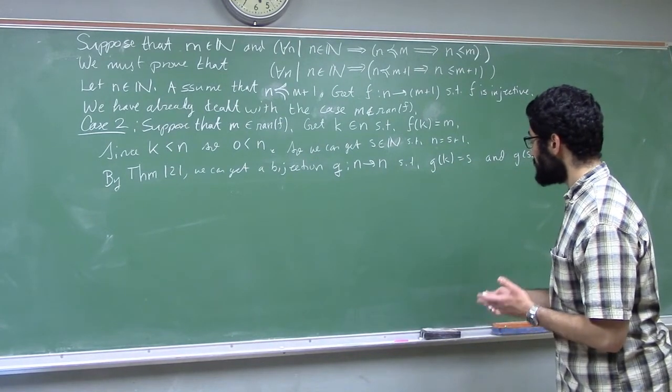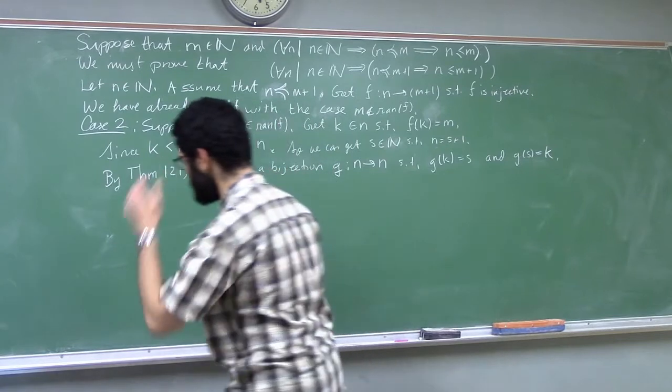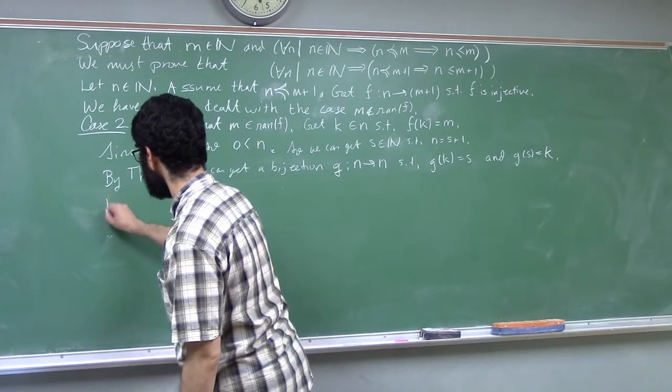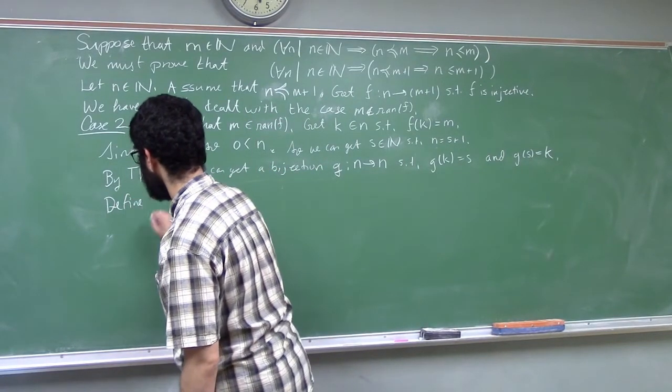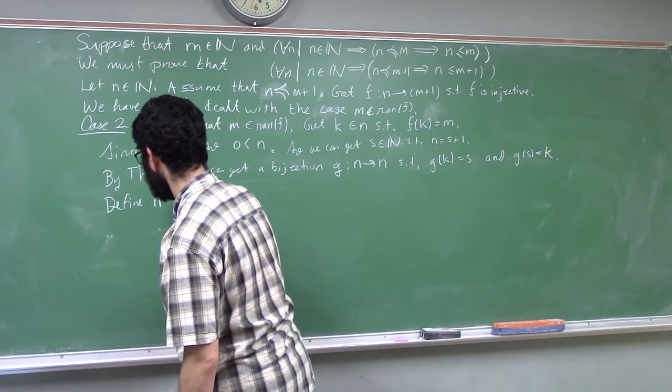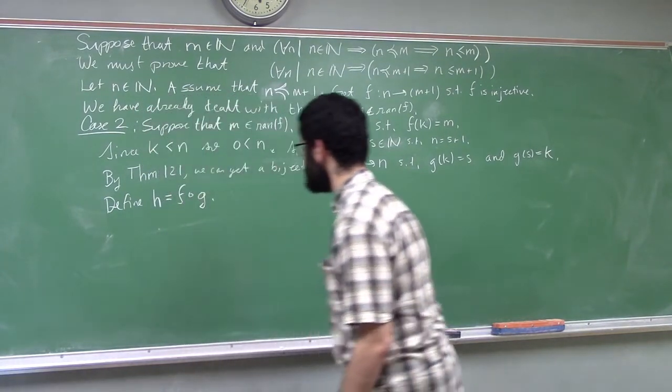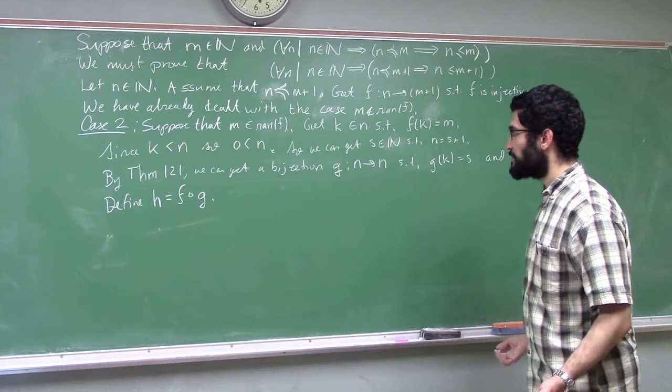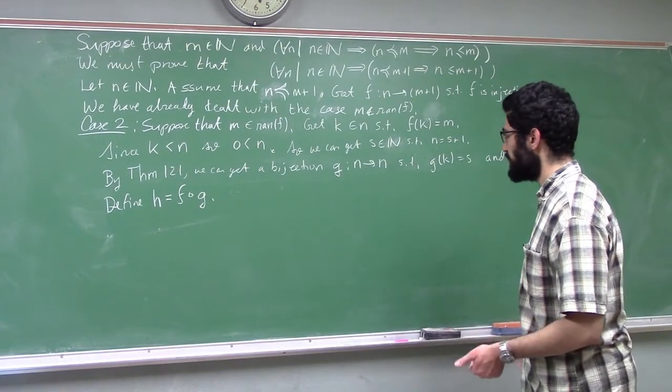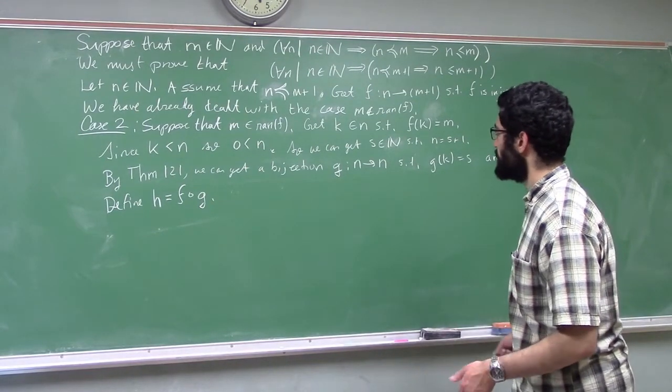So the idea is to focus on the composite. Define h to be f composed with g. Now we have our essence of composition theorem, which tells us exactly what kind of thing h is in this situation.